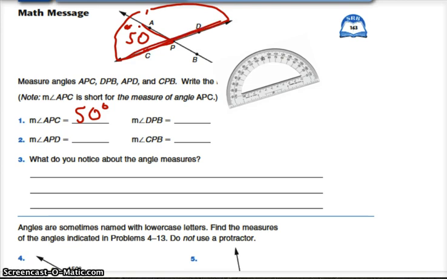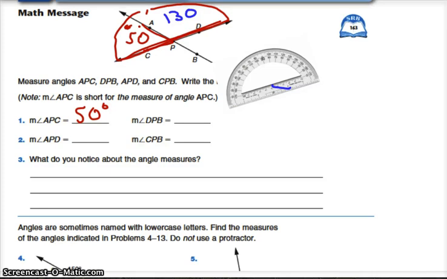When we're talking about DPB, it's actually 180 minus 50. So we know automatically this side is 130. We don't have to do any sort of math. We didn't need to do the protractor. This was all just math. And so that's what we can reason.